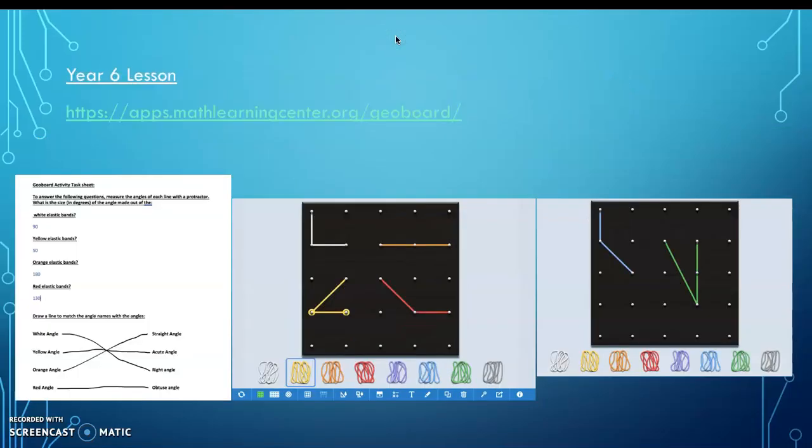So for the Year 6 lesson, I have inserted some screenshots of what the lesson would look like. So I have included the task sheet, which has been completed. So it asks the students to measure the different angles and then match up the different angles, so the white angle, the yellow angle, etc., with what they think the shape is.